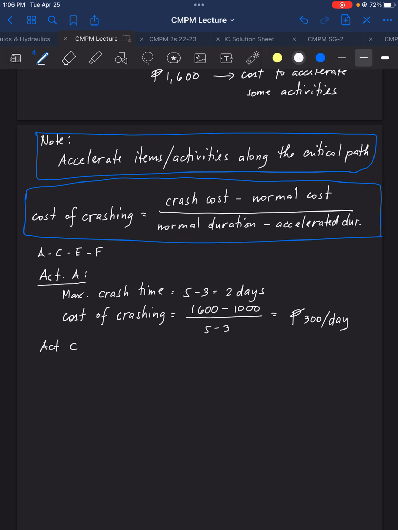Activity C, the maximum crash time, as we have seen in the table, is 7 minus 5, that is 2 days.